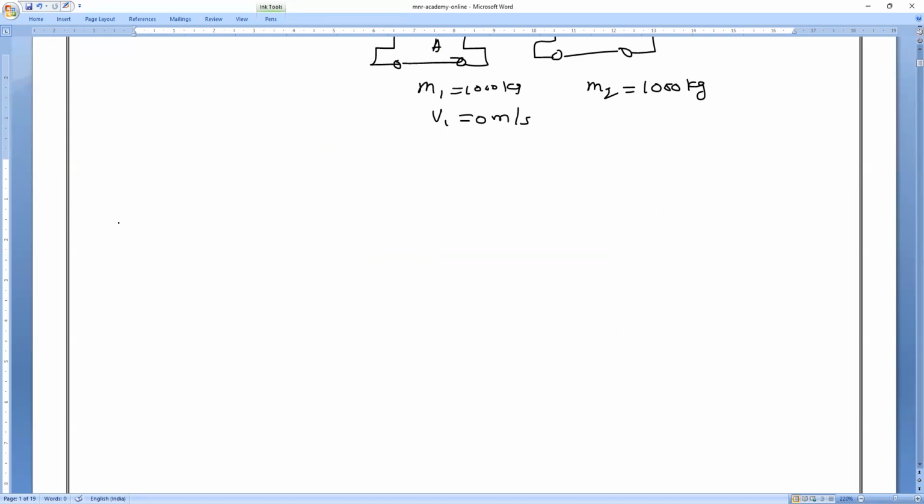Am I right, guys? Please respond. And we all know, you might have studied in 8th class, when the car is moving, the frictional force remains constant. How much is it? They have said, for car A. How much, guys?